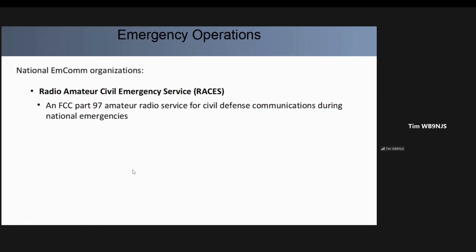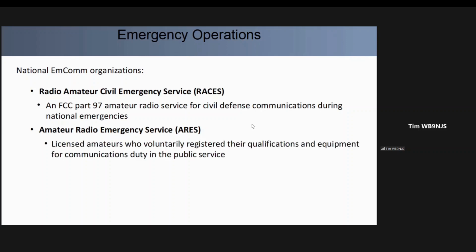Radio Amateur Civil Emergency Service, abbreviated RACES in the question, is an FCC Part 97 amateur radio service for civil defense communications during national emergencies. So Civil Emergency Service is the civil defense organization. The other one is the Amateur Radio Emergency Service, or ARES.